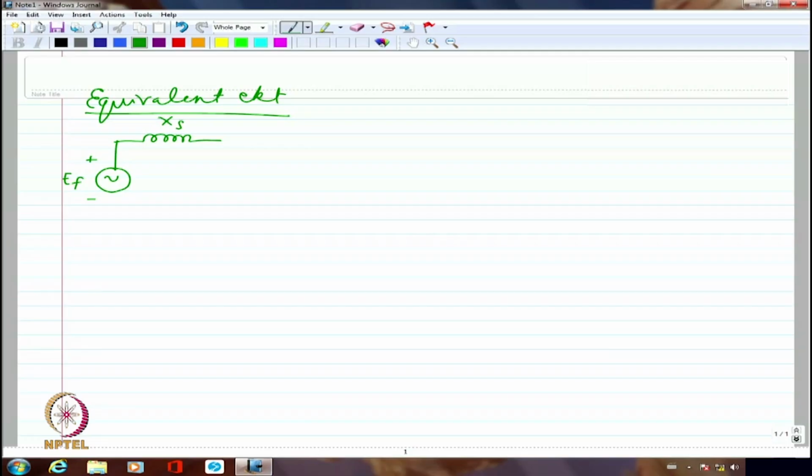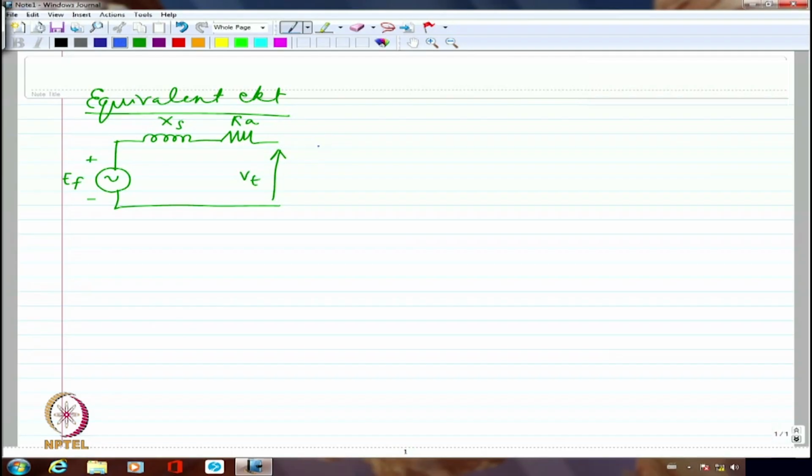So both of them are going to be there. Then we will have an armature resistance, which is the resistance of the copper winding which is sitting in the armature. Then finally what is available is going to be manifested as the terminal voltage, VT.